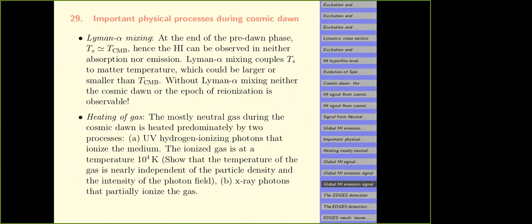I have to make TS closer to TM again. If that is not possible, then the signal is unobservable. So without Lyman alpha mixing, neither cosmic dawn nor epoch of reionization, none of it, the H1 signal is not observable. So this plays a paramount role in what we are going to observe, or what we have observed so far. Lyman alpha mixing is very, very important.